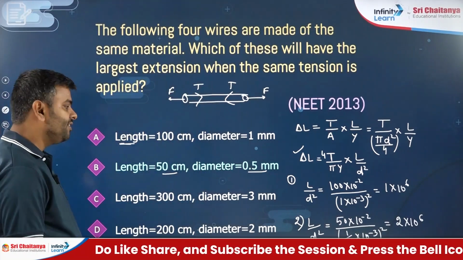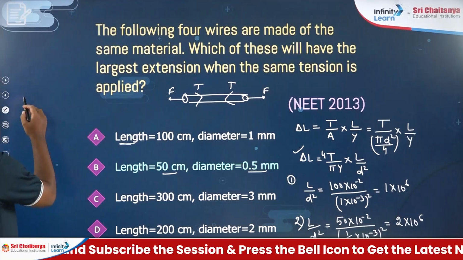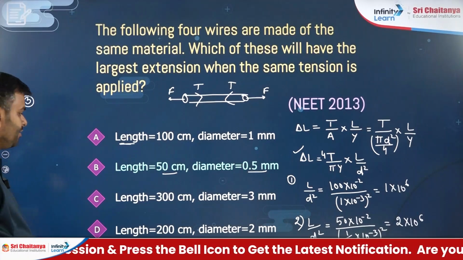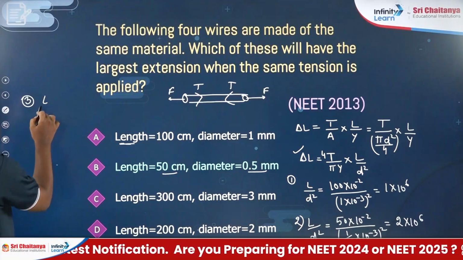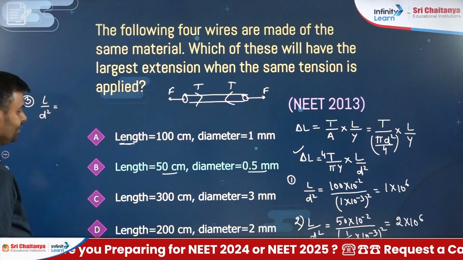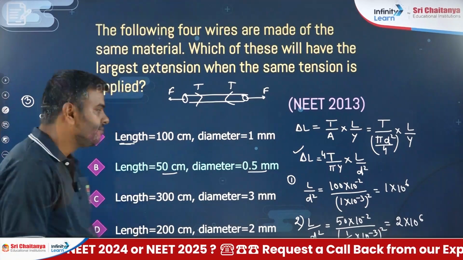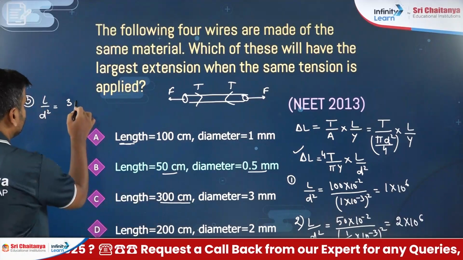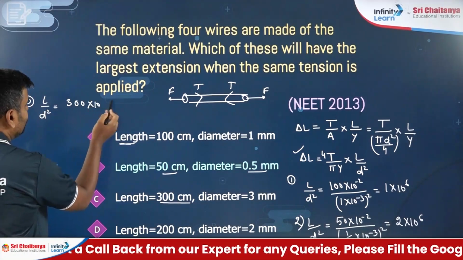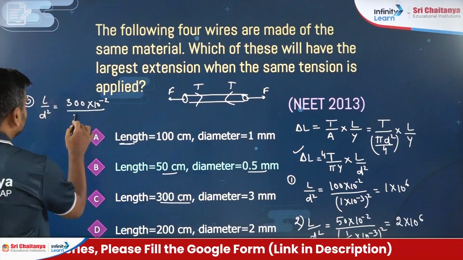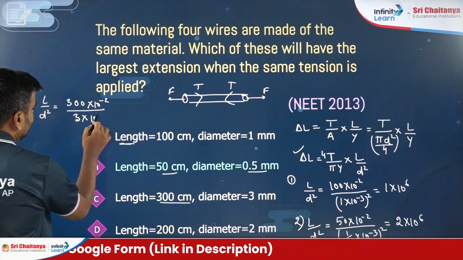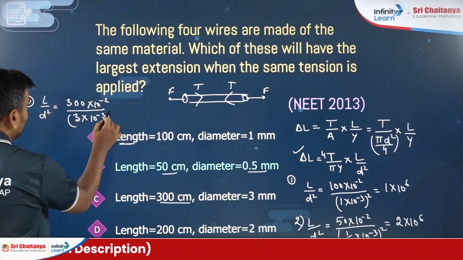Now for the third one, let's calculate the L by d square ratio. For the third, they have given 300 centimeter as the length. So 300 into 10 to the power minus 2, divided by the diameter, which is 3 into 10 to the power minus 3, whole square.